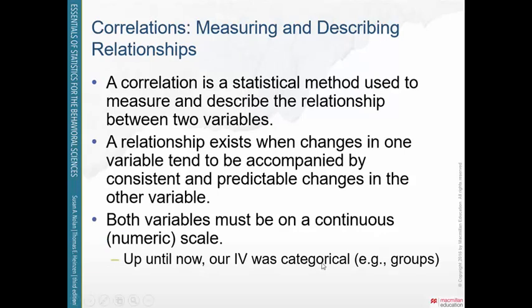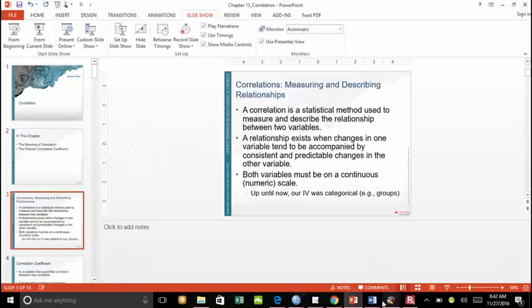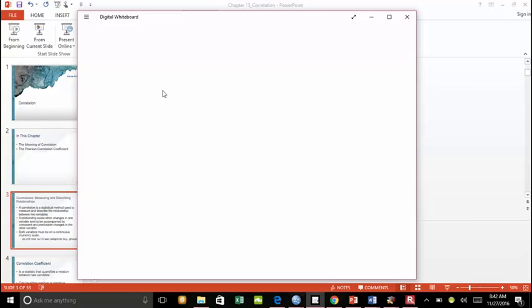So for example, let me pull this whiteboard up. Maybe we want to look at SAT score and GPA. In this case, we've got two variables, SAT score and GPA, and both are numbers.